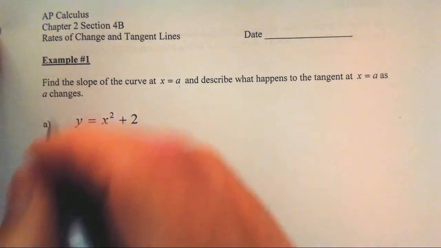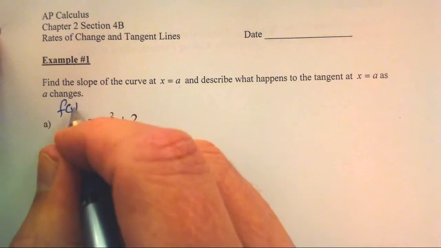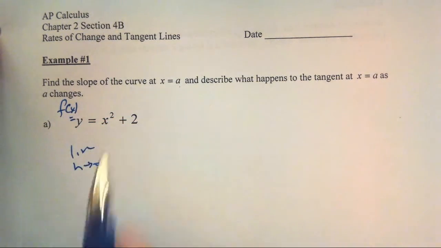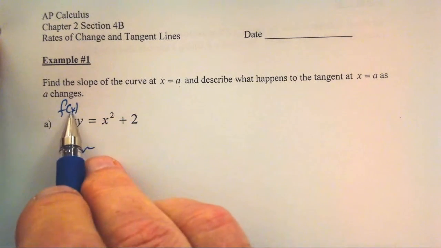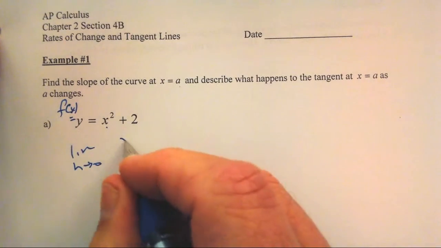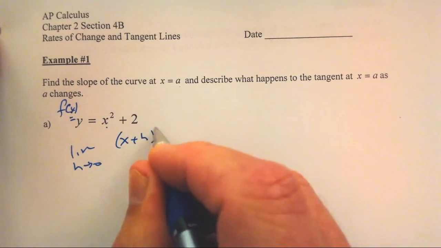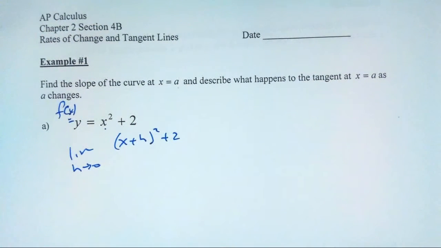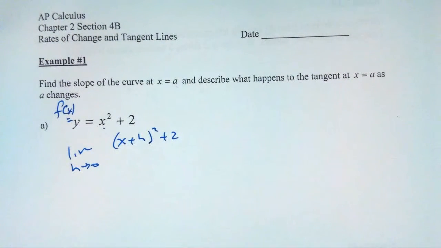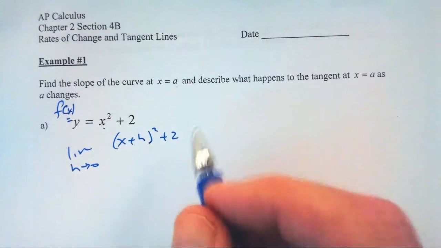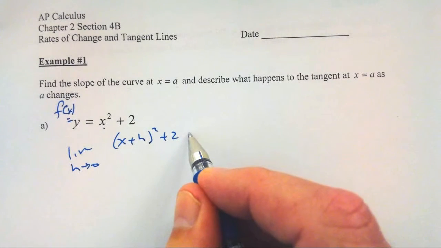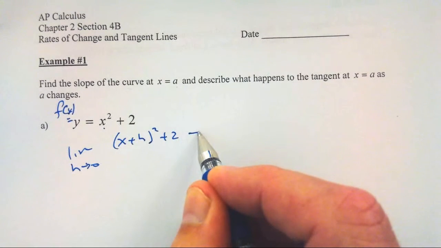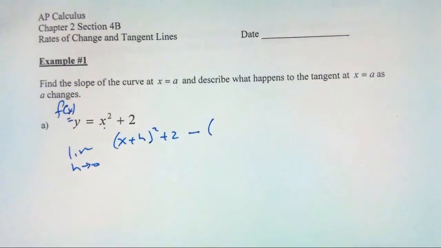F of x plus h, if we define f of x equals y equals x squared plus 2. F is a function that takes things and squares them. It takes all of x plus h, squares it, adds 2. And what are the next two things I'm going to write? Minus, parenthesis.